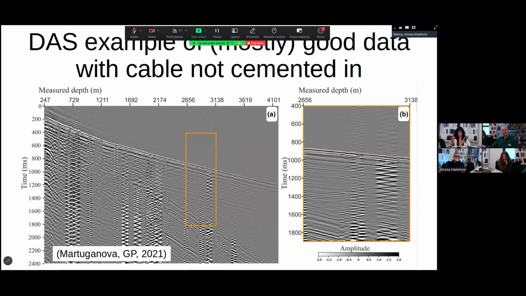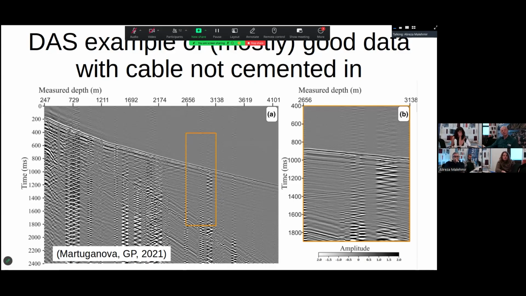Okay, so after looking at our data and doing some investigations in the literature, I found this paper where they also have a loose hanging cable. Now this is in a borehole that was deviated, so the cable is maybe not hanging.